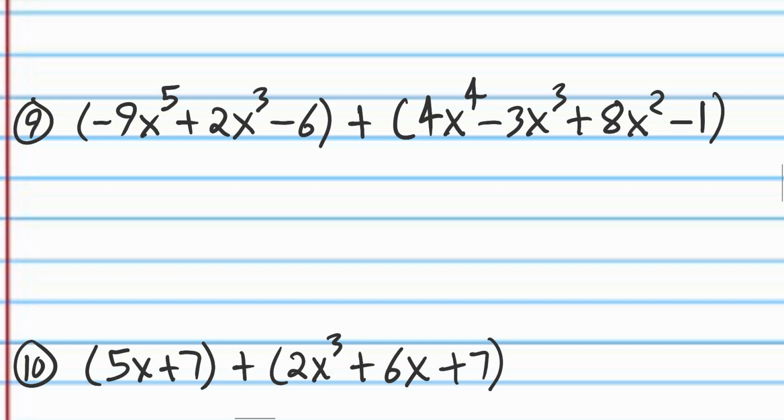All right, we're back. So we've got to find the greatest power first, and you can see that there's nothing really to combine for the fifth power terms. So we'll just write that. And then we'll just write the fourth power term. There's nothing to combine with that. 2x cubed minus 3x cubed is minus x cubed.